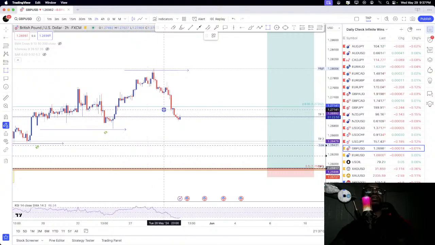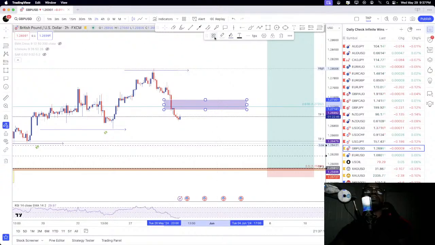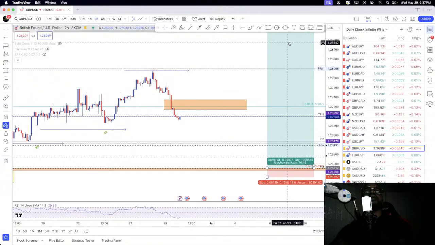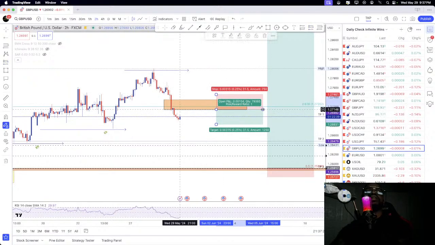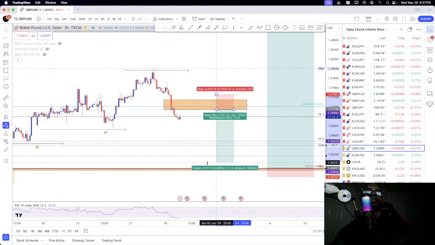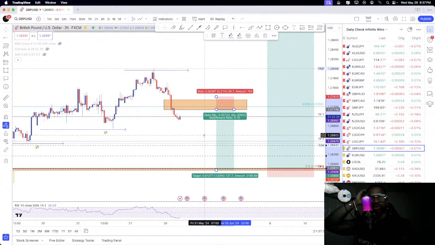So let's see what are the possibilities of price retesting this area to let us in on a sell, to retest the 50, giving us a 1 to 4 trade setup, so that looks pretty good.